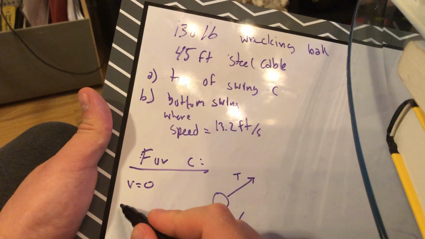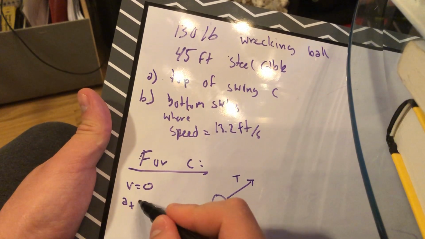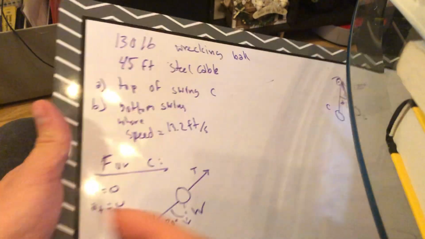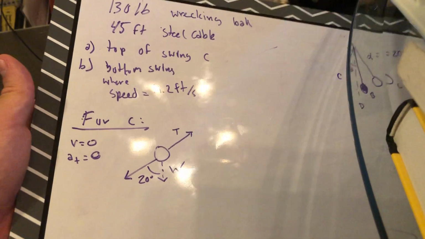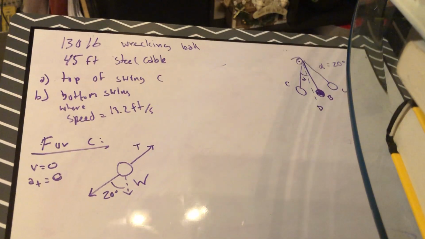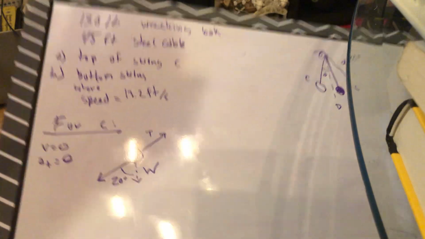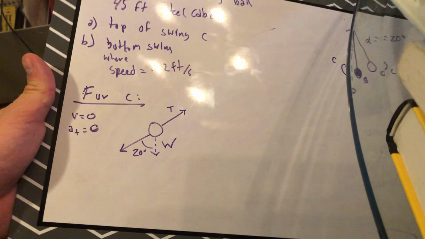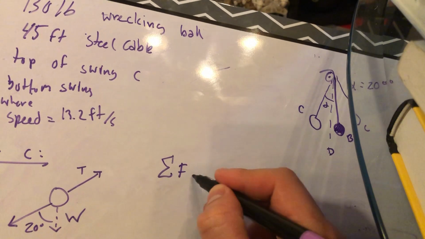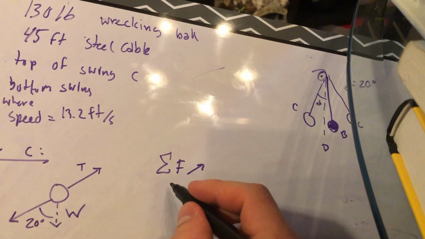Velocity at B equals 0, and we know our tangential acceleration is equal to 0. Tangential? Why tangential? Radial. It stopped at 0. Okay. So, let's do the sum of the forces in the weird angle direction.